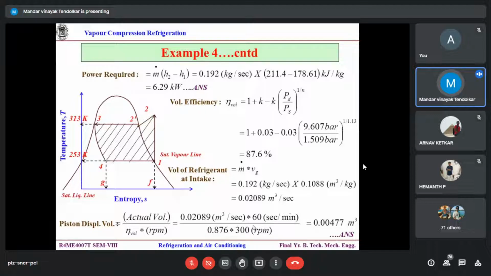That means second year to fourth year, everything you have to recollect: basics of RAC, basics of compressor, basics of volumetric efficiency, everything. So this way I can set the numerical.